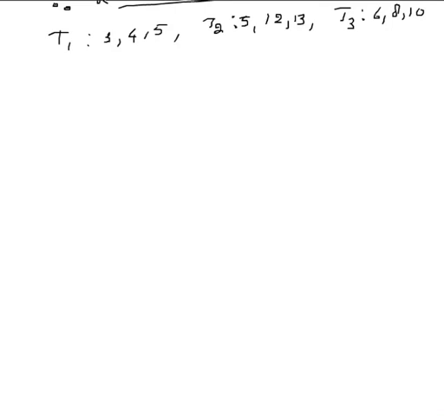Here the relation is similarity. Which two triangles are similar, we have to see. Now see the ratio of T1 and T3. The sides are proportional. All these three ratios are same. So I can say that T1 is similar to T3. That means T1 is related to T3.